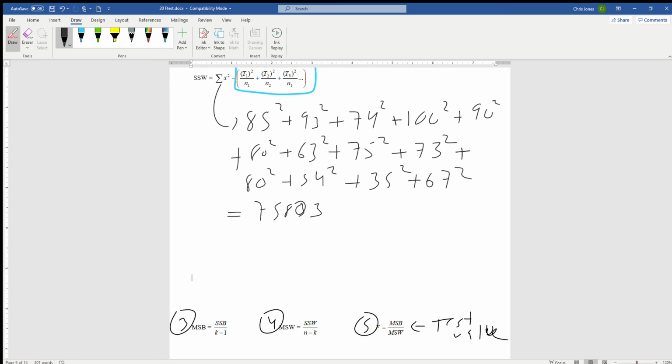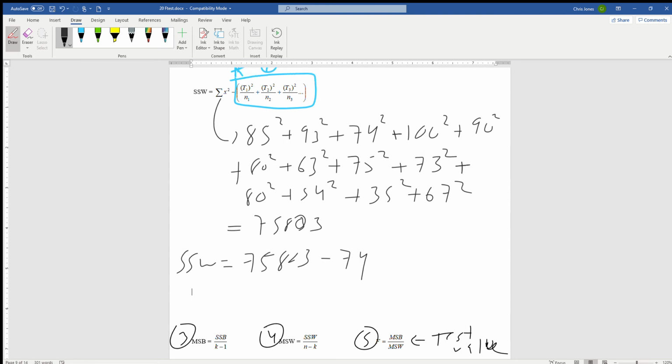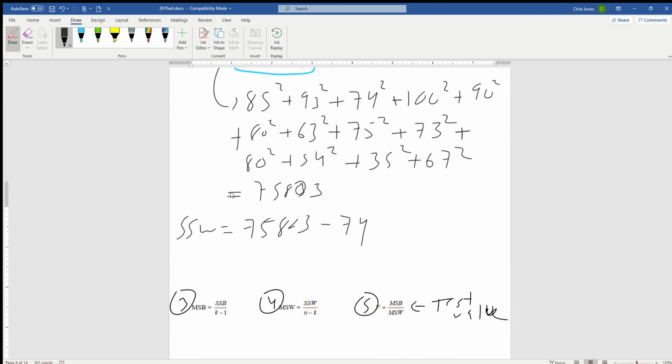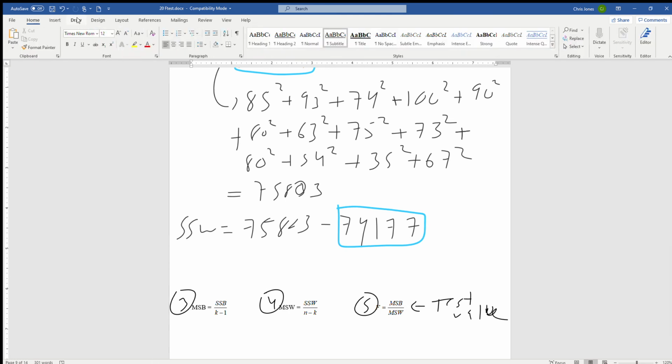And from that, to get SSW, we're going to take that 75803 and subtract 74177, the number we computed in blue earlier in the problem.